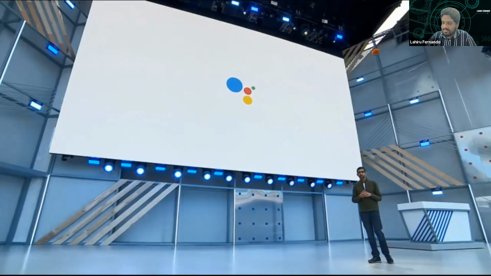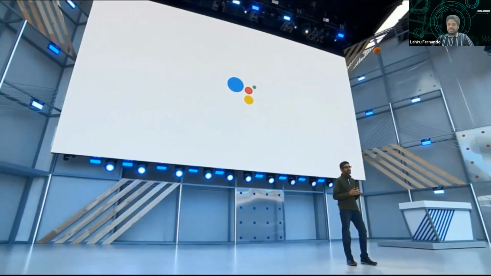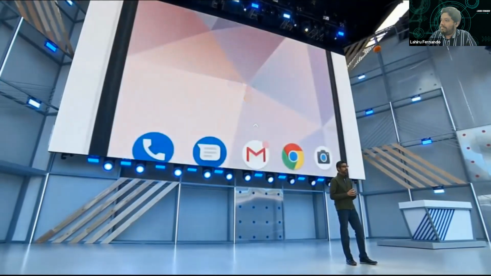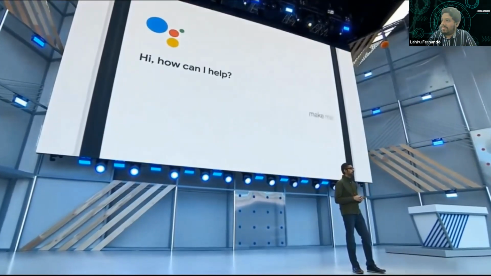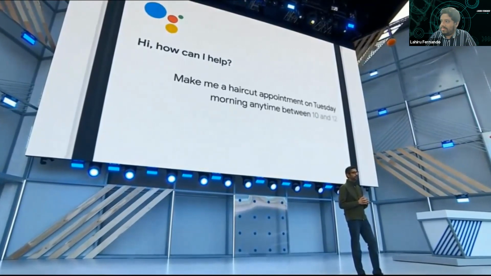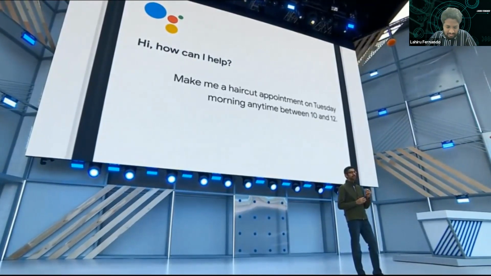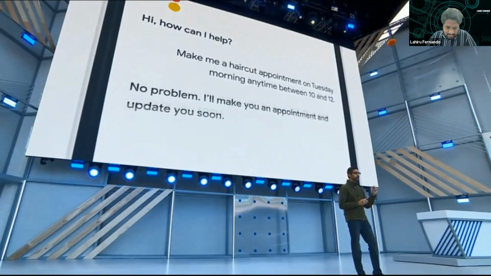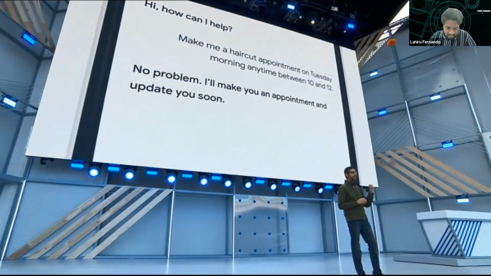Businesses actually rely a lot on this, but even in the US, 60% of small businesses don't have an online booking system set up. We think AI can help with this problem. So let's go back to this example. Let's say you want to ask Google to make you a haircut appointment on Tuesday between 10 and noon. What happens is the Google Assistant makes the call seamlessly in the background for you. So what you're going to hear is the Google Assistant actually calling a real salon to schedule the appointment for you. Let's listen.